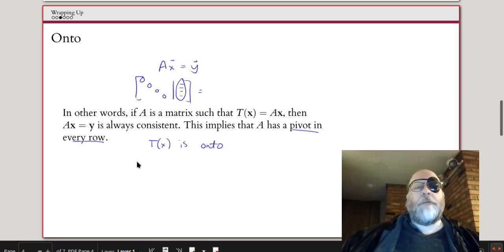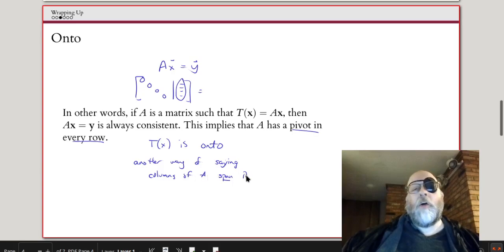is another way of saying that the columns of A span R^m.